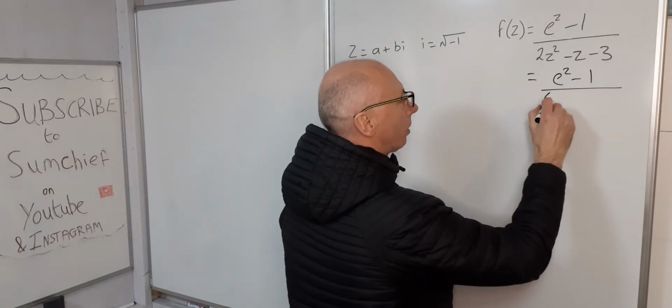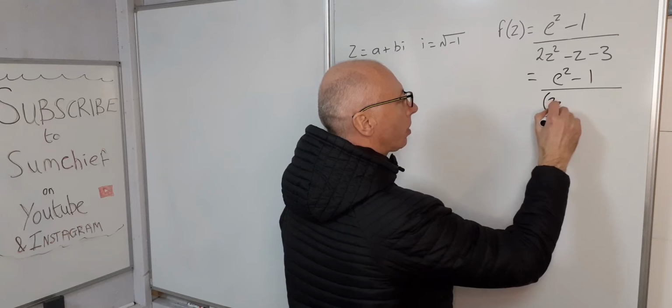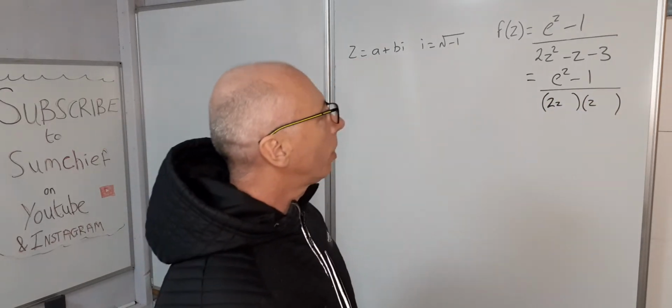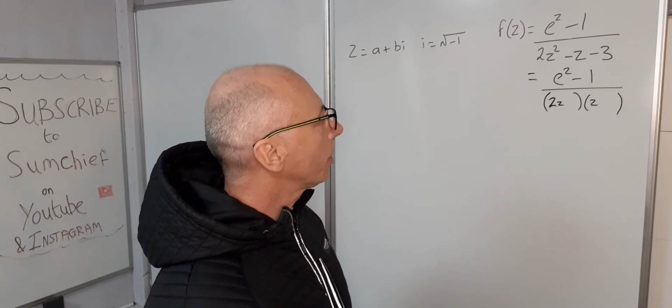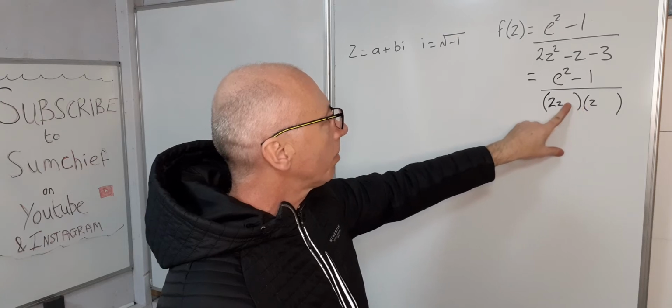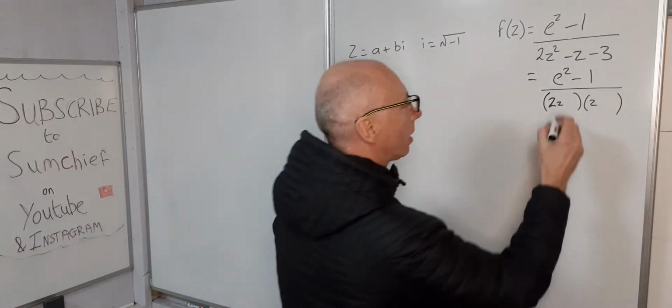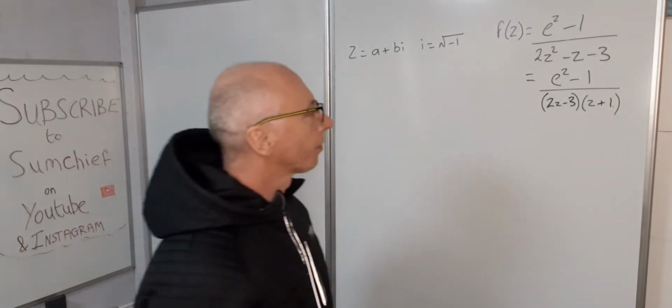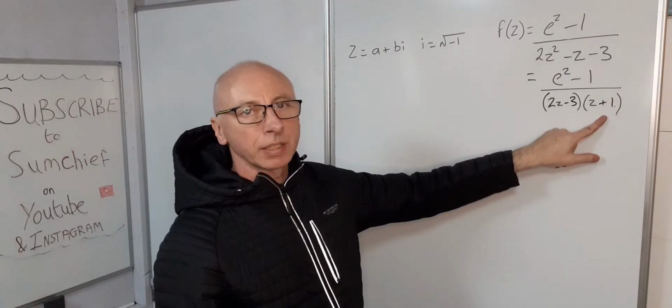Factor that out: we've got 2z and z, and a 1 and a 3. If we have plus 1 times 2z and the z times minus 3, that gives minus z. So 2z minus 3, z plus 1. Okay, so that's factored.